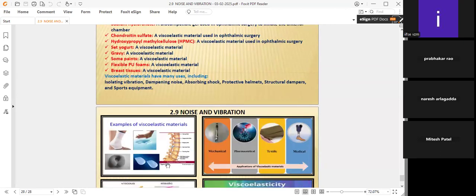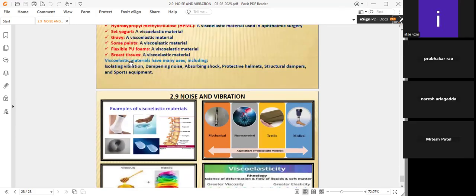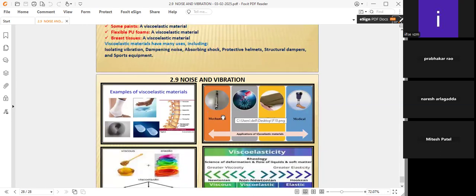Examples include ankle shoes and ankle socks, where fluids are there, and some belts. These viscoelastic materials help isolate vibration, dampen noise, absorb shocks, and serve as protective elements and structural dampers, and are helpful for example in mechanical applications.